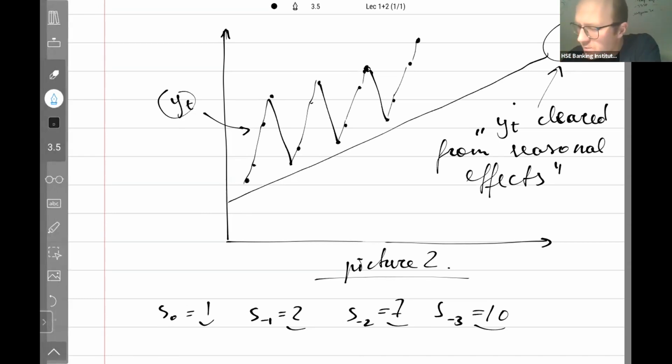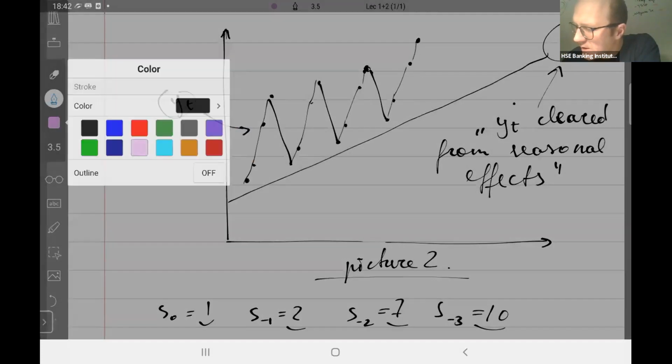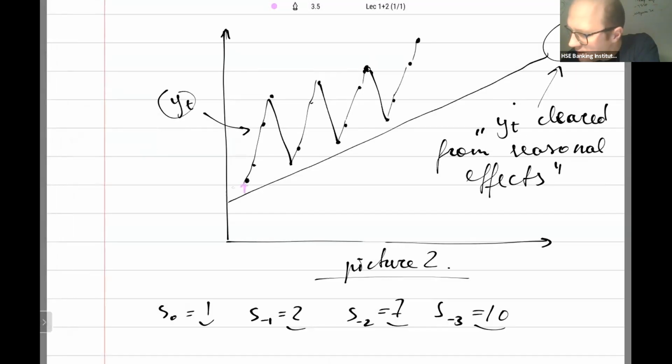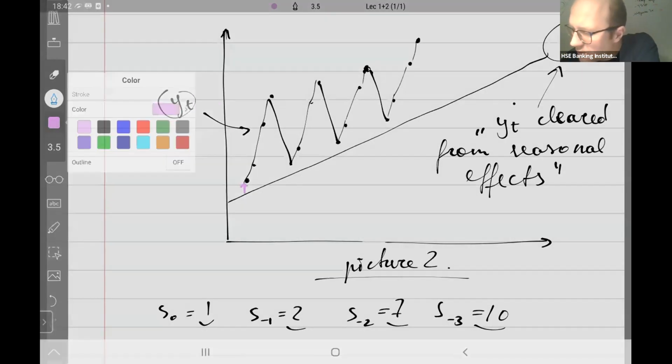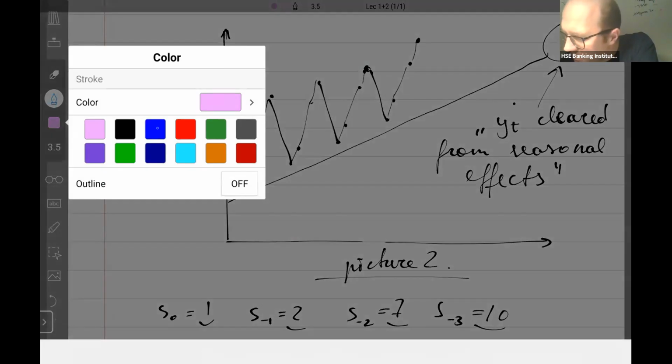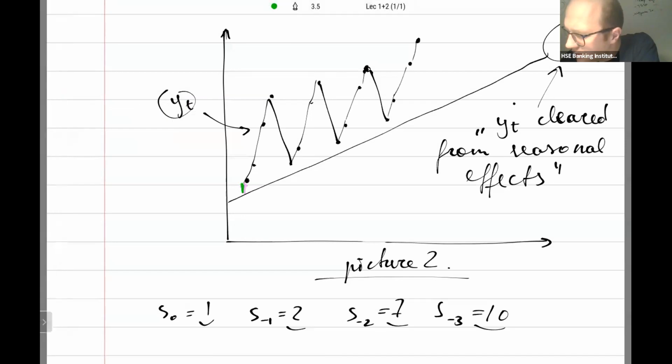So these small differences are just, or maybe pink is not so good, maybe I should prefer green. This is S1, this is S2, this is S3. These differences are S1, S3, and so on.